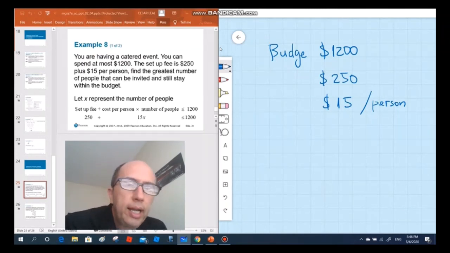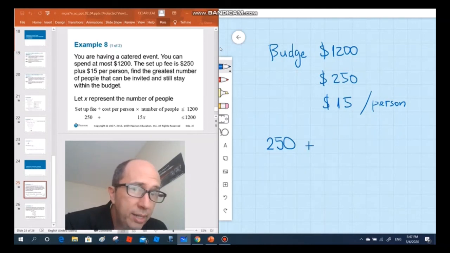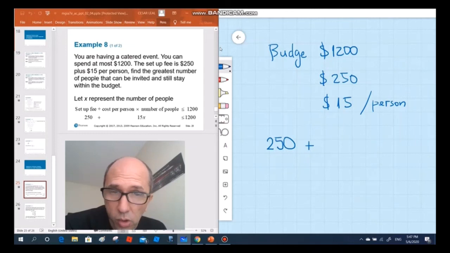So let's write down an expression that will represent the spending for this catered event. We're going to spend $250 as one setup payment, right? And you're going to spend $15 per person. How many people will be invited?